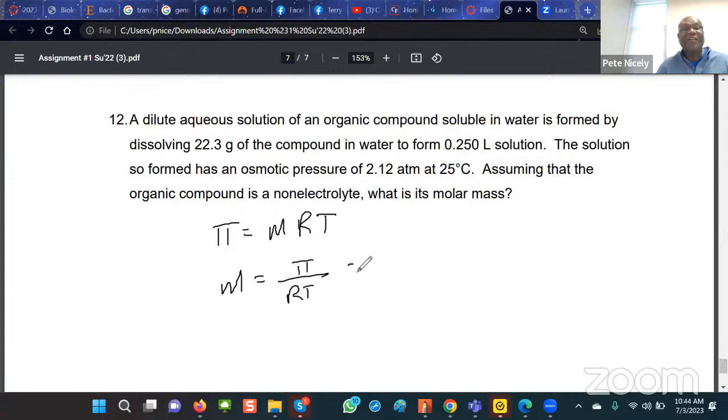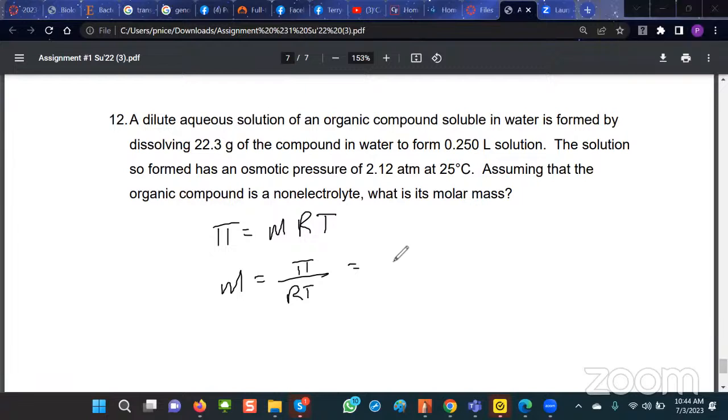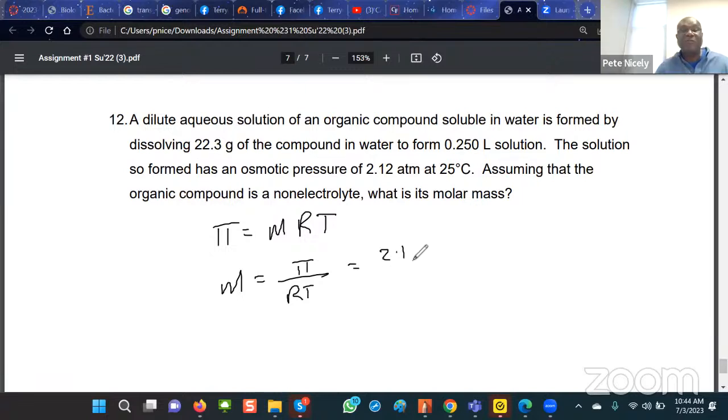Very good. So what do we do with this now? They're giving you the pi, which is 2.12 atmospheres. R is 0.0821 liters atmospheres over mole Kelvin. And T is 25 degrees, which is the same thing as 298 Kelvin.